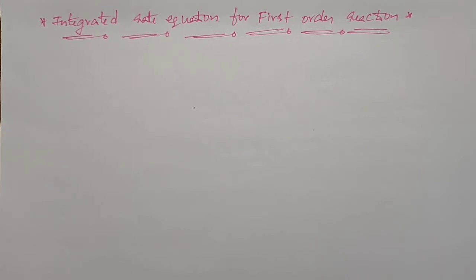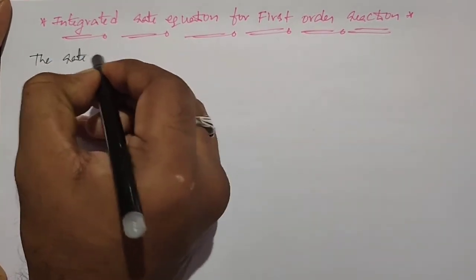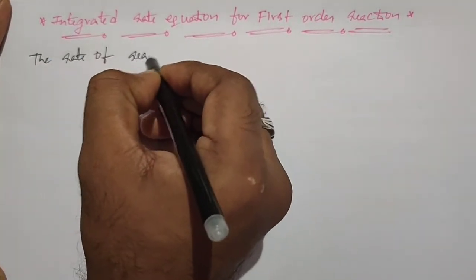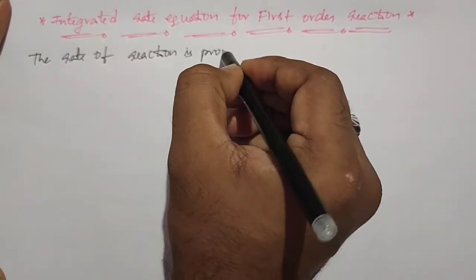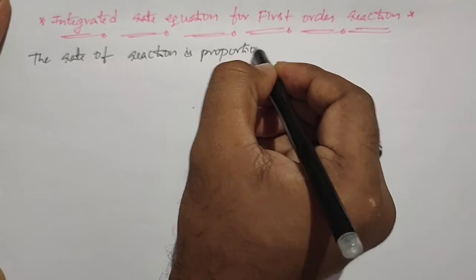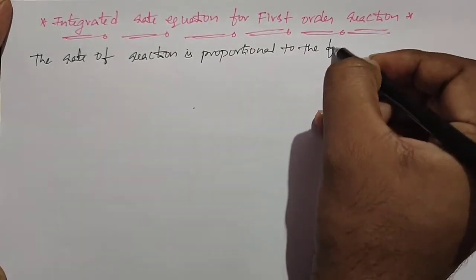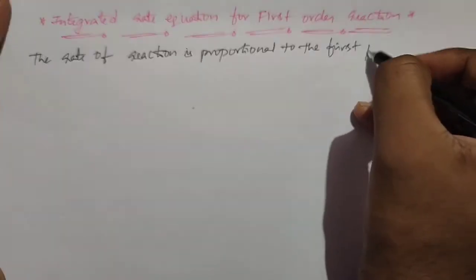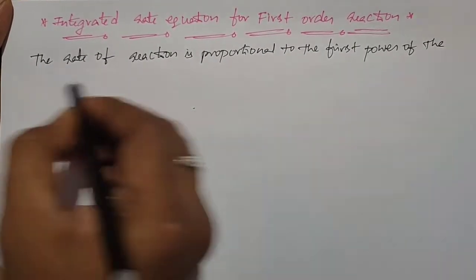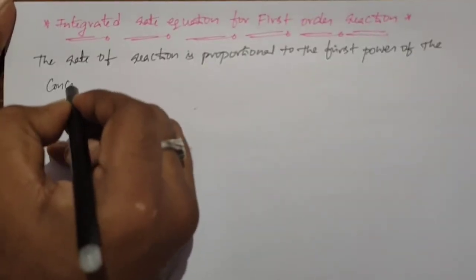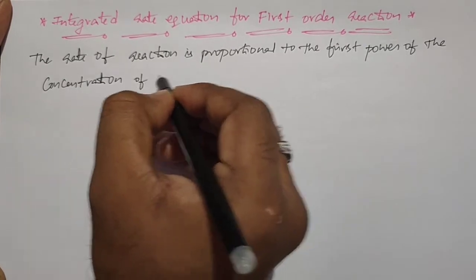What is the rate of reaction? The rate of reaction is proportional to the first power of the concentration of reactant.